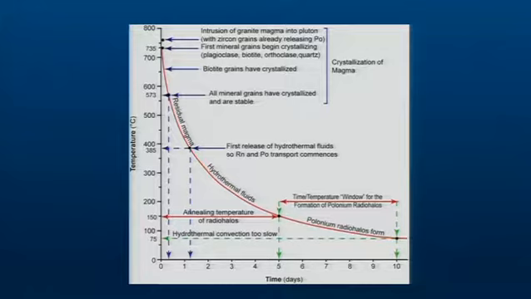The zircon crystals are already forming in the granite. And then the other minerals crystallised, and they're all crystallised by 570 odd degrees. The first fluids are released below 400 degrees, but down here, it's 150 degrees only below that we can form the halos. This is the time temperature window.